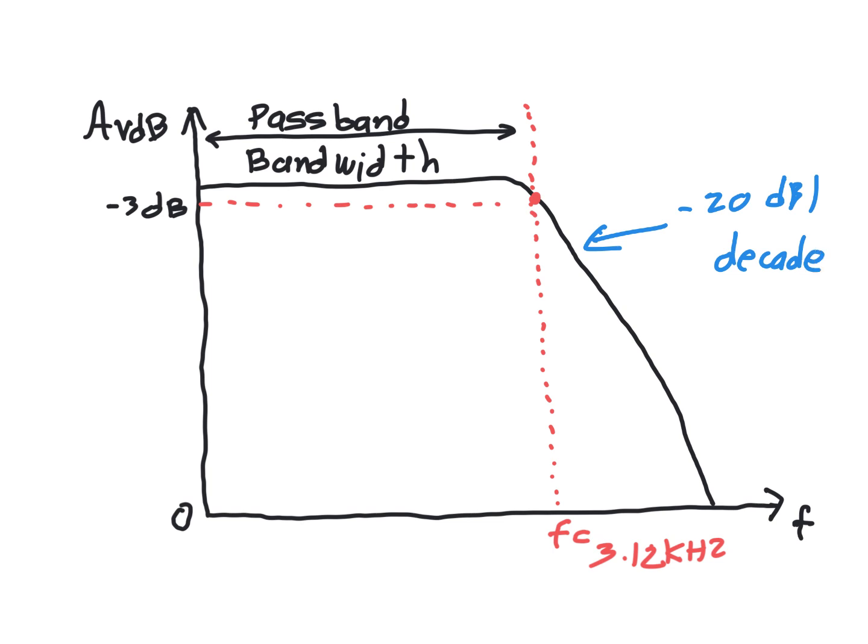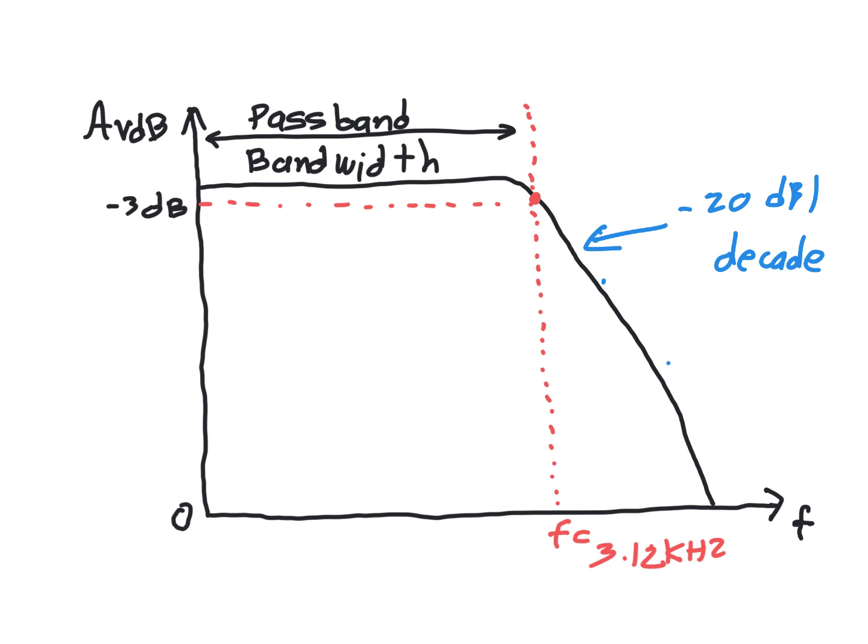And all that means is that after FC, if you increase the frequency by a factor of 10, then the gain will drop by 20 dB. If you increase it by another factor of 10, another 20 dB, and so on all the way down.